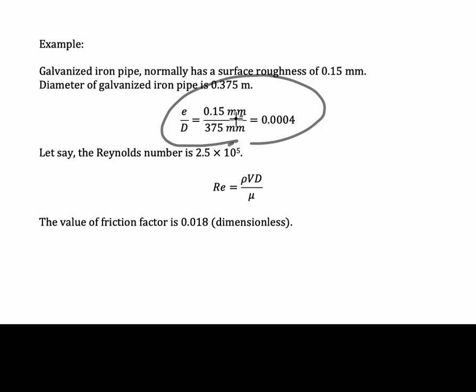Please make sure the unit is the same, and then we get 0.0004. Then we assume that the Reynolds number is 2.5 times 10 to the power of 5. We could calculate the Reynolds number by using this equation. And then we could get the friction factor is 0.018.